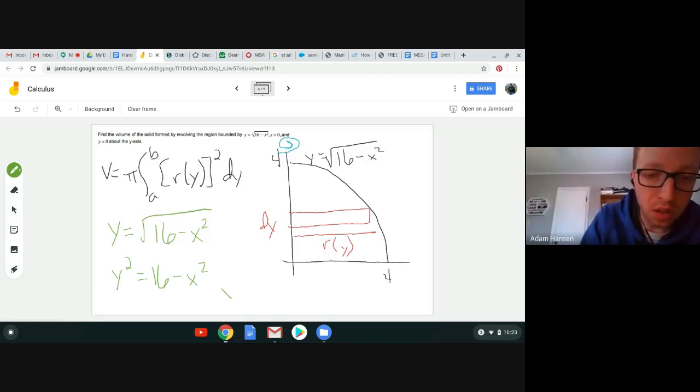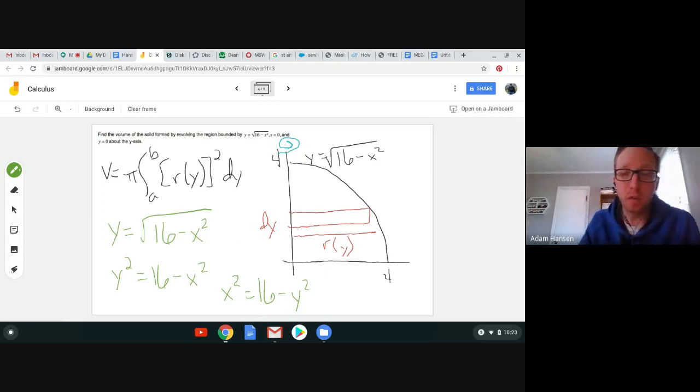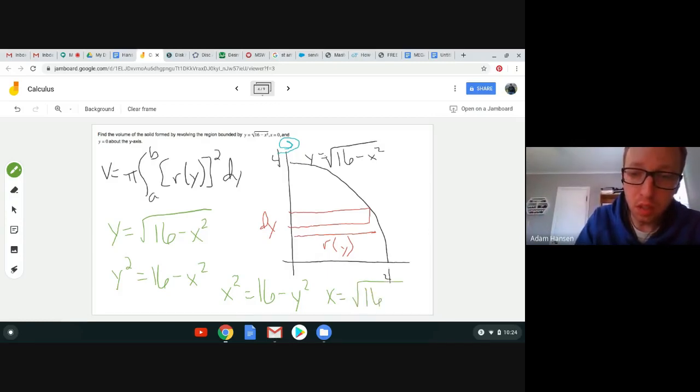So let's call this x squared equals 16 minus y squared, once I add x squared and subtract y squared from either side. And now we'll take the radical. X equals the square root of 16 minus y squared. And that's what our r of y is equal to.